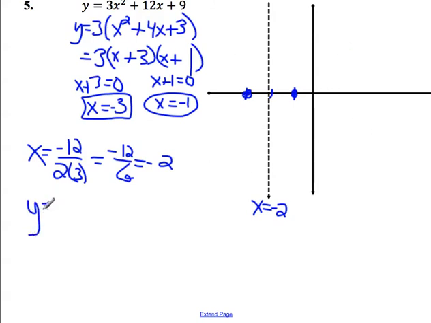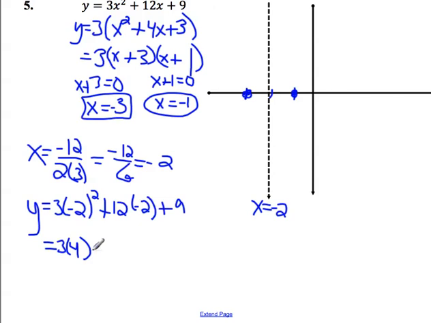So y equals 3 times negative 2 squared plus 12 times negative 2 plus 9. Negative 2 squared is 4. Negative 2 times 12 is negative 24.